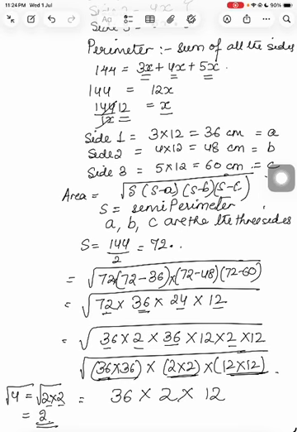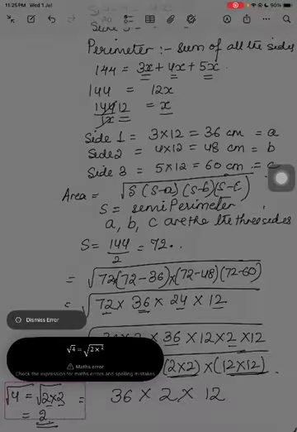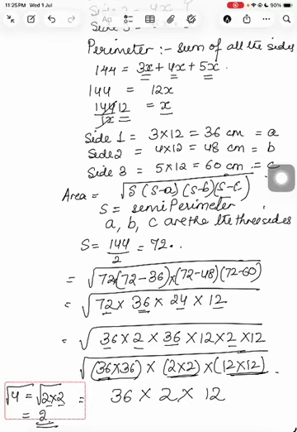Why we do so? Because root means power of half, and square means, suppose this is root 4. Root 4 can be written as 2 squared raised to the power half. The square and the half cancel. Fine. So that's the reason we take only one number out of it.